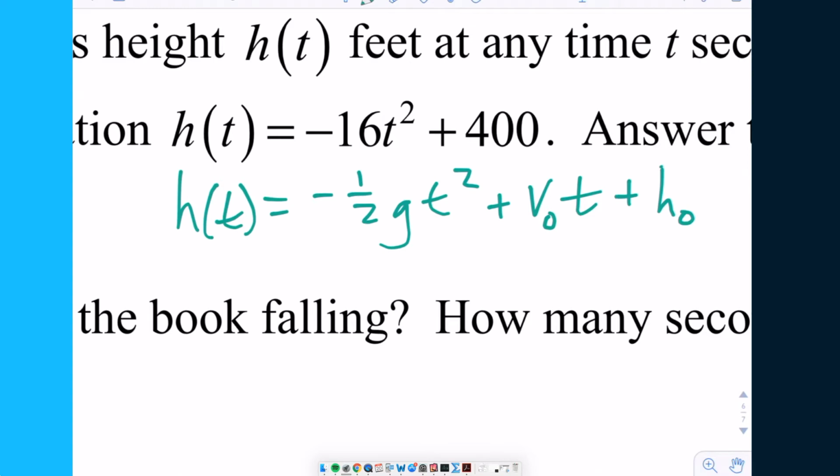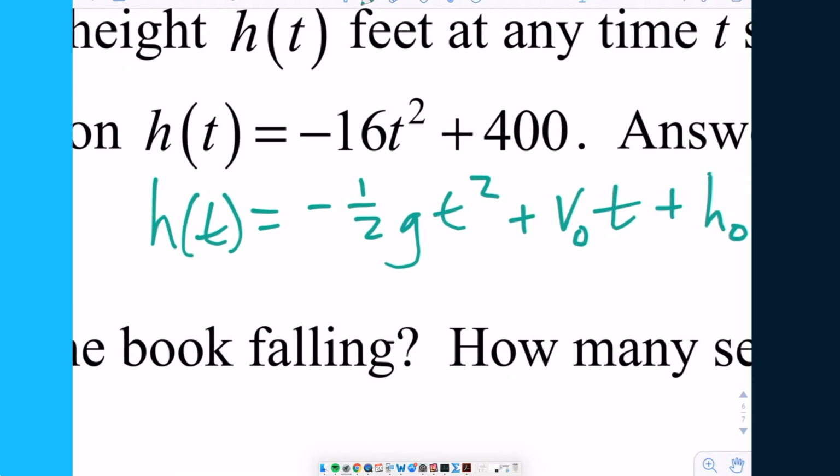What's the initial velocity if we're just dropping it? 0, so that term goes to 0. And the initial height is the top of the tower, 400. So anyway, you get these kinematic equations. In physics, you have to memorize the velocity equation, but you don't have to anymore because h prime of t should be v of t. If we take the derivative of the equation above using the power rule, what is 2 times negative 1/2?